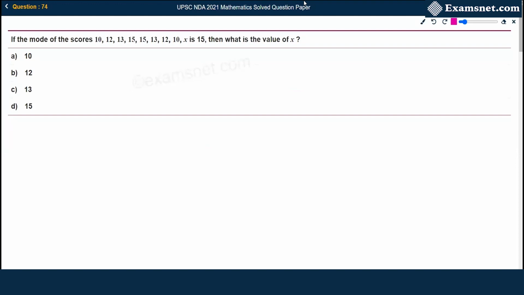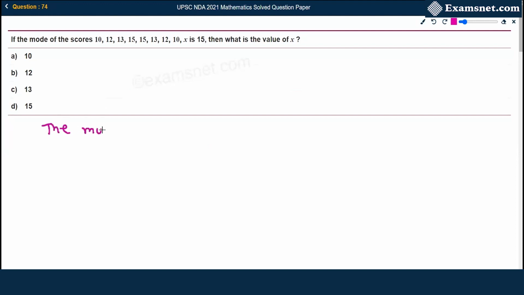In question number 74, it's given if the mode of the scores 10, 12, 13, 15, 15, 13, 12, 10, comma x is 15, then what is the value of x? So what is the concept of mode?